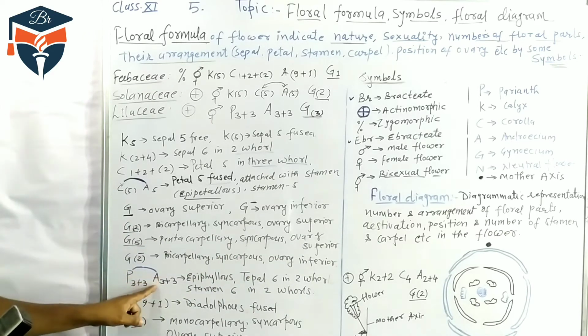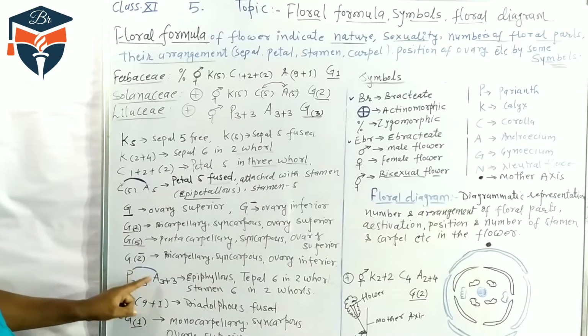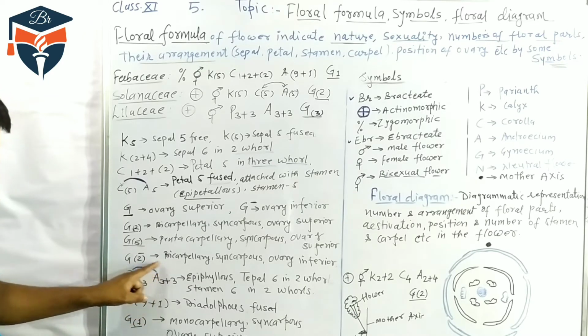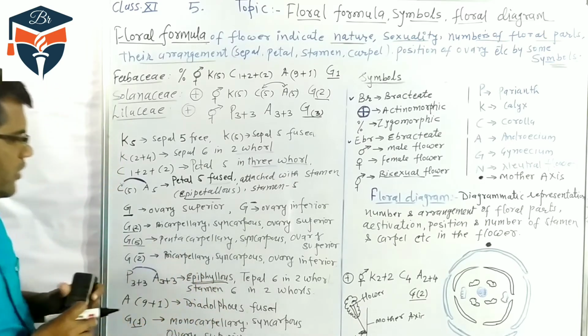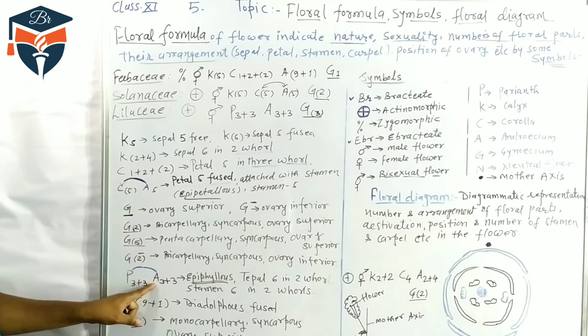If P is attached with the A, it is a perianth flower, it means there is no sepal, no petal, there are tepals. And anthers are also attached with the tepal. If anther is attached with the tepal, this is called epiphyllous condition. Here tepals are in 2 whorls, 3 plus 3.